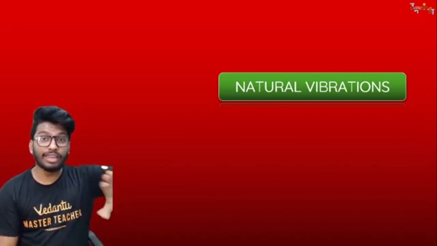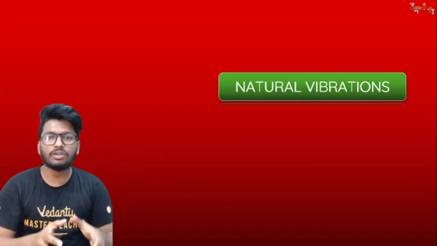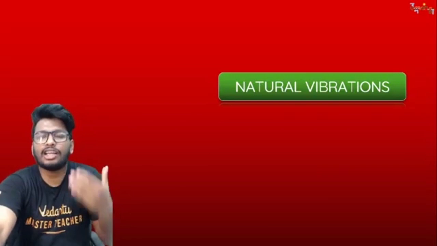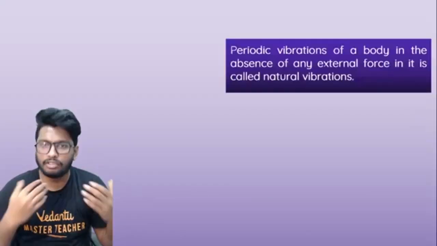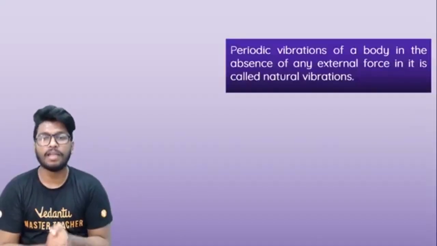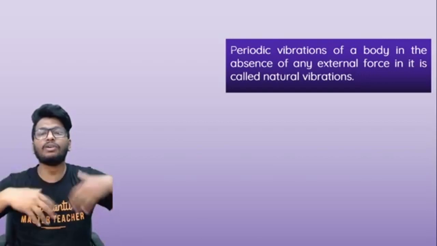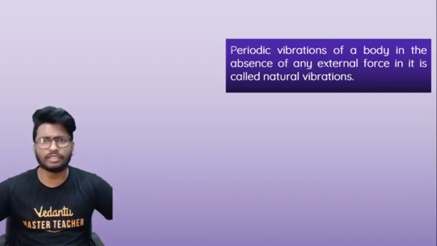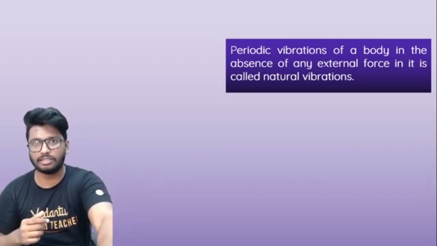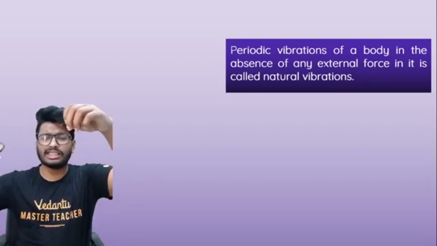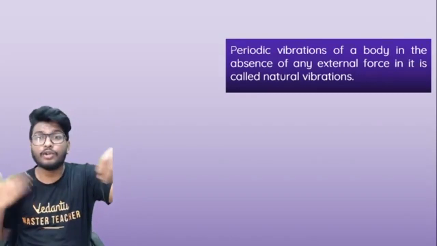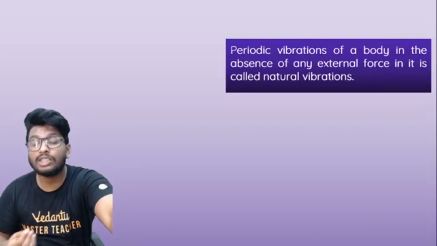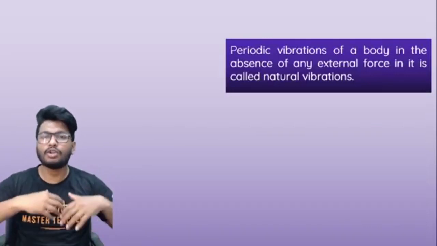But yes, if you ignore that force, guys, a natural vibration is nothing but a periodic vibration of a body without any application of external force. See, you just pushed it once, right? You just put it to its extreme position once and it started to oscillate. You did not do anything else. That is what is called natural vibration, because you're not doing anything else.